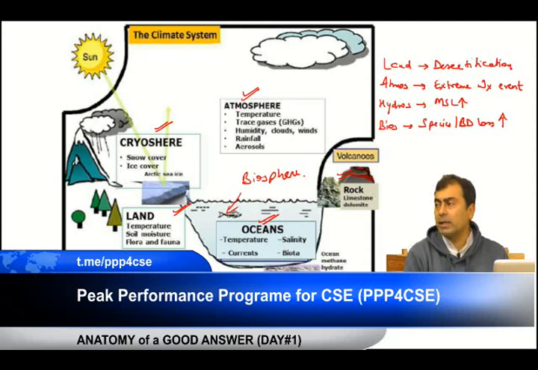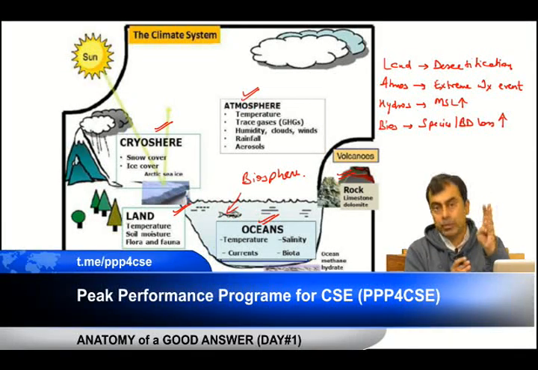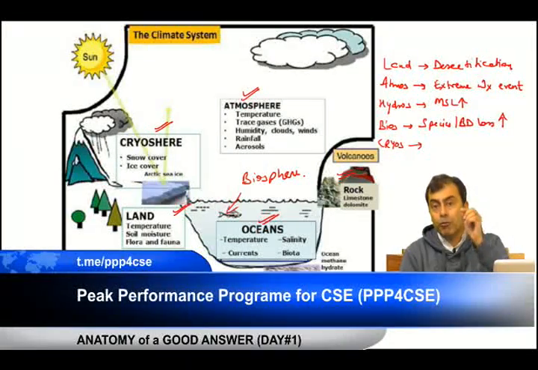So when climate change is asked, we must say that it is a change in the climate system, which is an integration of 5 subsystems: lithosphere, atmosphere, biosphere, hydrosphere, and the last one which I forgot, cryosphere. Cryo means cold, frozen.